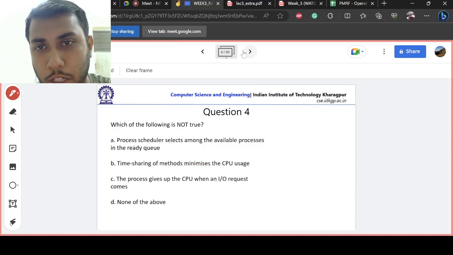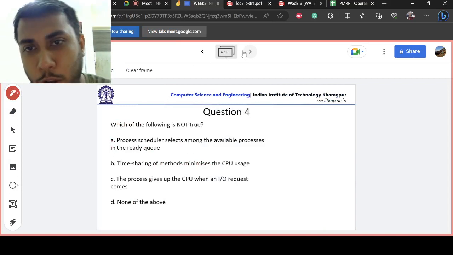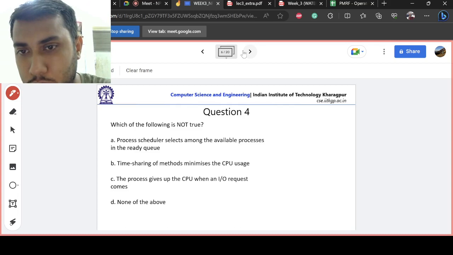Next, which of the following is not true? Process scheduler selects among the available processes in the ready queue. Time sharing of the methods minimizes the CPU usage. Process gives up the CPU when an IO request comes.